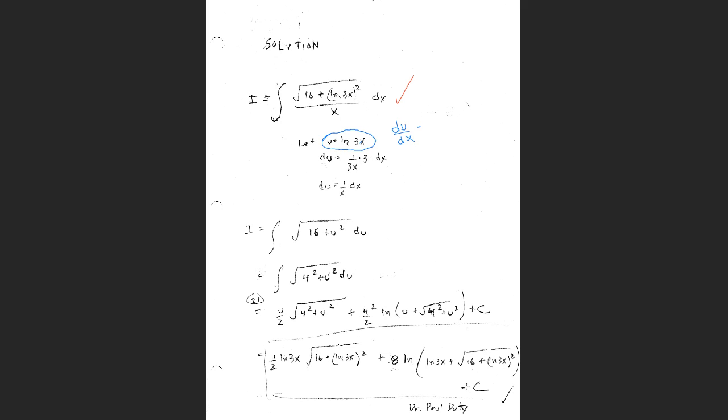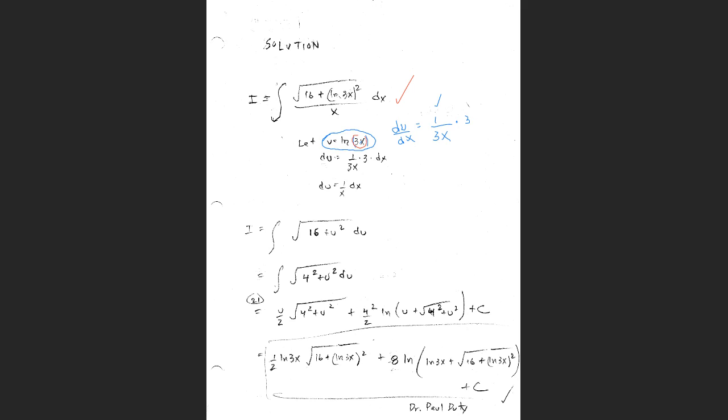then du dx is 1 over 3x times 3 by the chain rule, right? So the log of 3x, the outer function is the log, natural log, and so the derivative is 1 over 3x, and then the inner function is 3x.